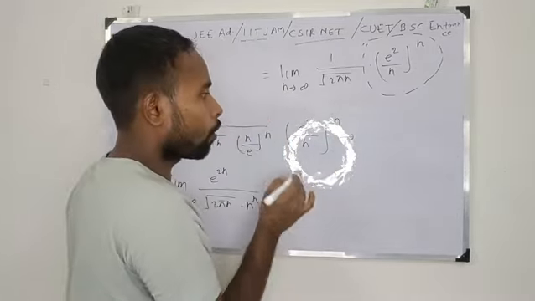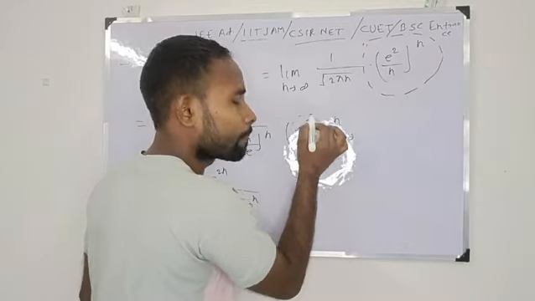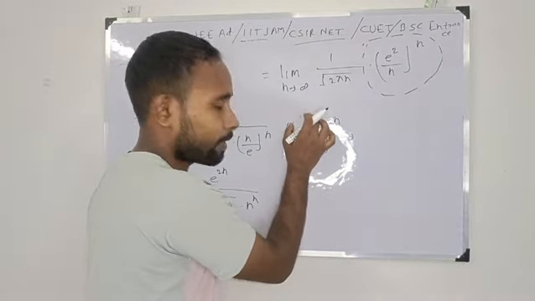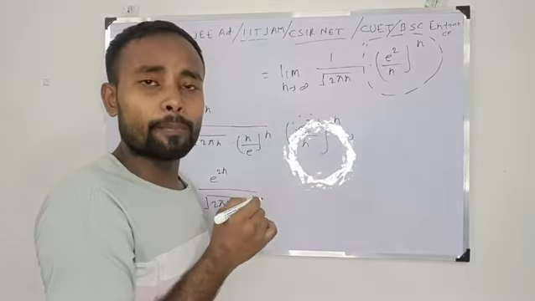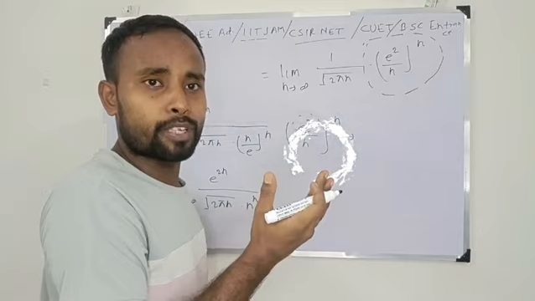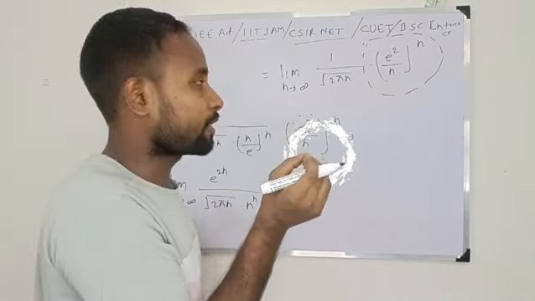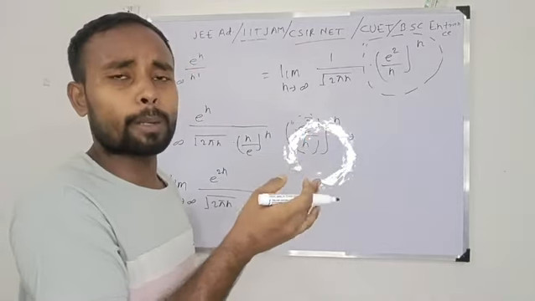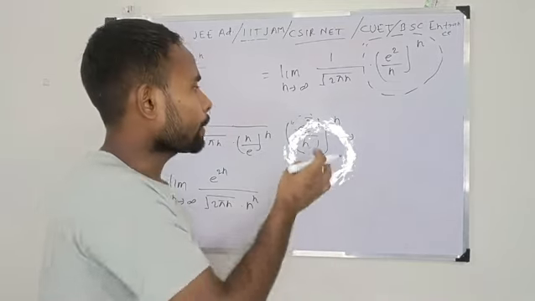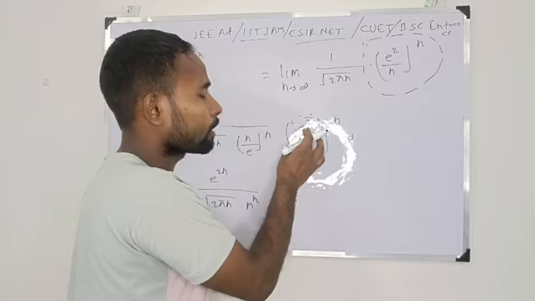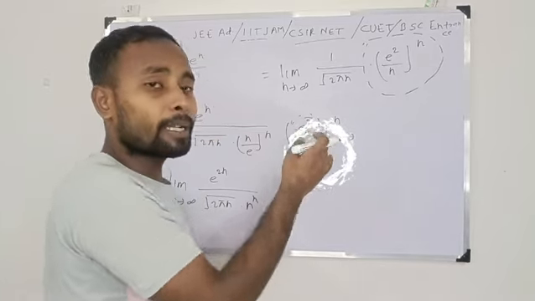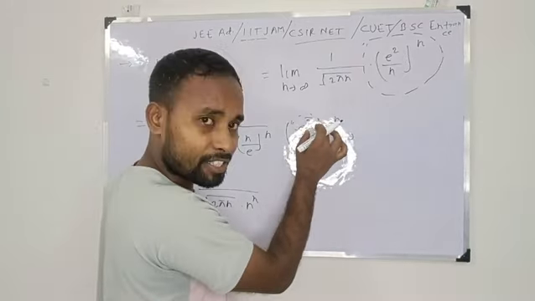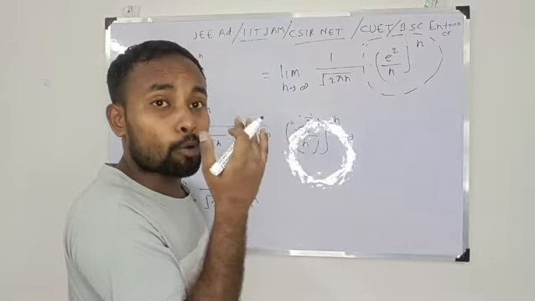Here e square is a fixed number and this is your n term. Since e square is almost between 7 and 8, because e is 2 point something, it is a fixed number divided by a number approaching infinity.